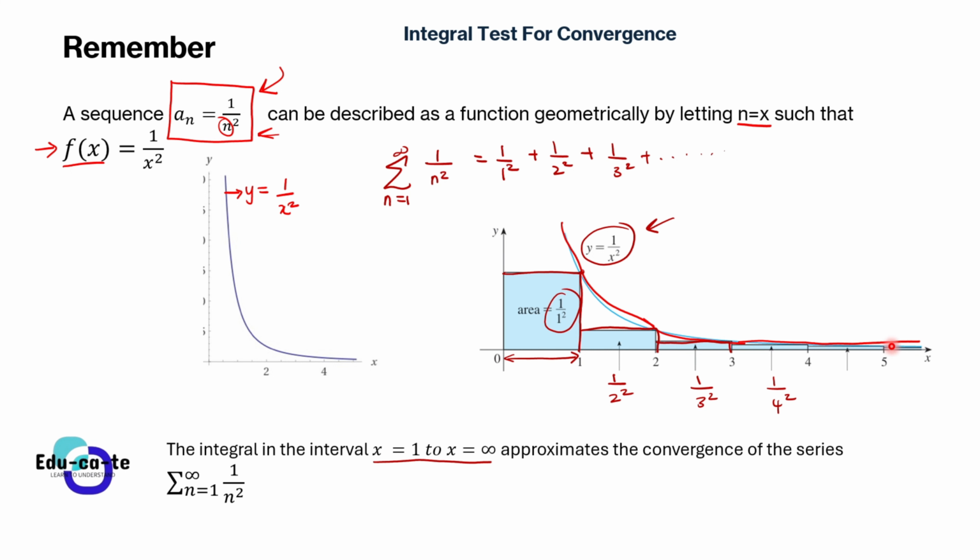You can see that the y value is approaching 0. So we can say that this is converging towards 0. Converging simply means that the graph is approaching a certain value, or an asymptote in this case. Whereas diverging means that it never approaches any value.